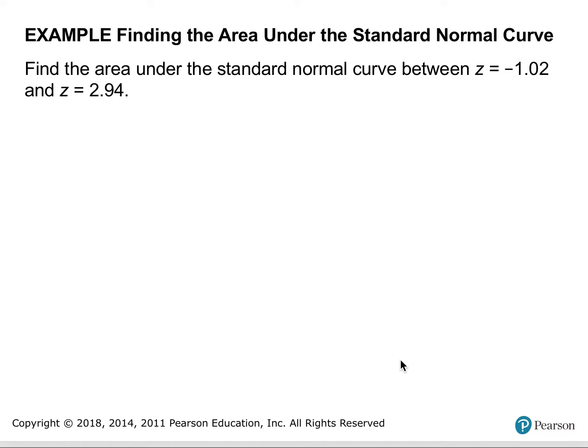All right. Find the area under the standard normal curve between z equals negative 1.02 and 2.94. I can't use my calculator on this one. It's just giving me the z-scores. So because it said it's normal, I'm going to draw that curve.